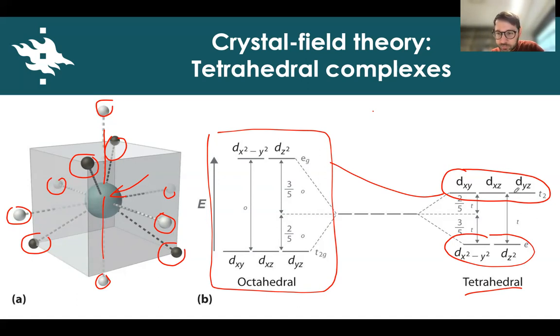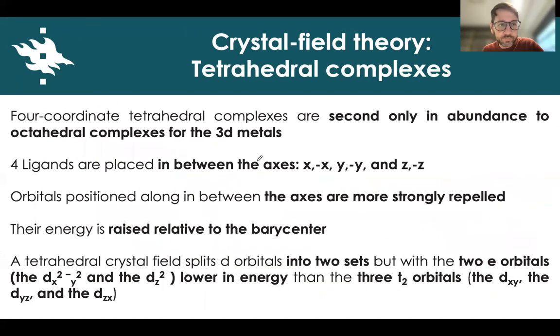And moreover, the ligand field splitting parameter for a tetrahedral complex will be smaller relative to an octahedral complex because we have fewer ligands around the metal atom. We have only 4 ligands instead of 6. This ligand field splitting is because of electrostatic repulsion, so if we have fewer ligands, we will have less electrostatic repulsion, and so a smaller ligand field splitting.